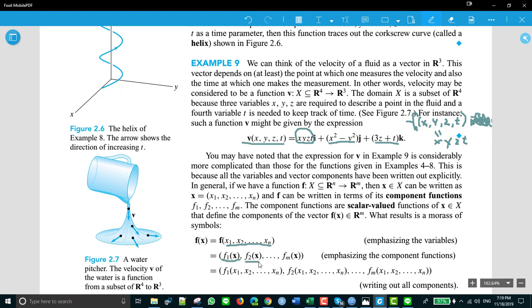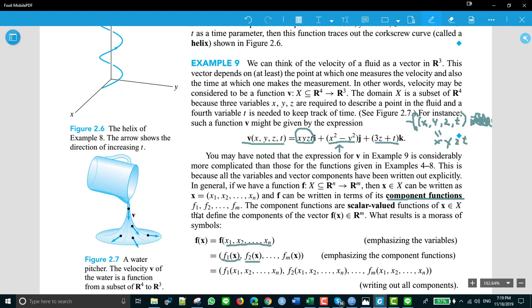This is our F2, which maybe in this case would be here. And then all the way up, instead of being a function into R3, we could have it be R4, R5, whatever. So we could have m component functions. So this is what she means by the component functions.